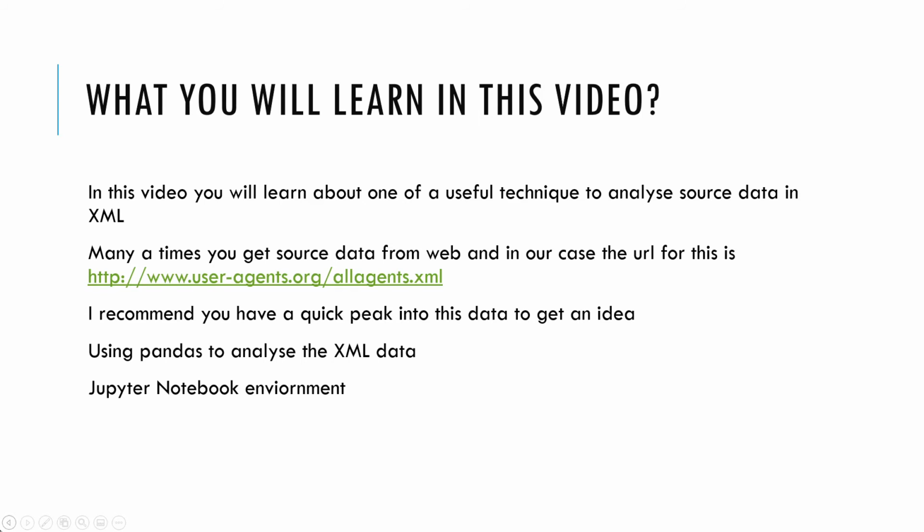Just launch your browser or click on this link, and that will open the XML data. I recommend you have a quick peek into this data to get an idea of what we are trying to do. We will be using pandas to analyze the XML data.